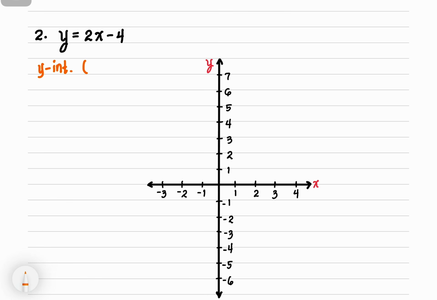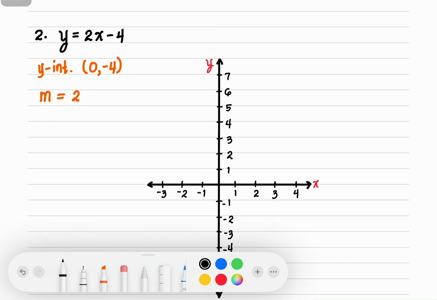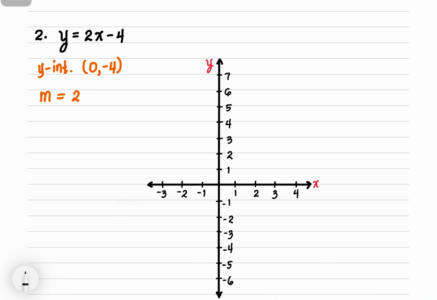Very good. That is 0, negative 4. Tama. No? Kasi, minus 4 yan. So, therefore, negative 4 ang ating y-intercept. Ang slope natin dito, or yung m, very good, which is 2, no? Pero, ayan, tandaan natin, kapag whole number, over 1 yan.